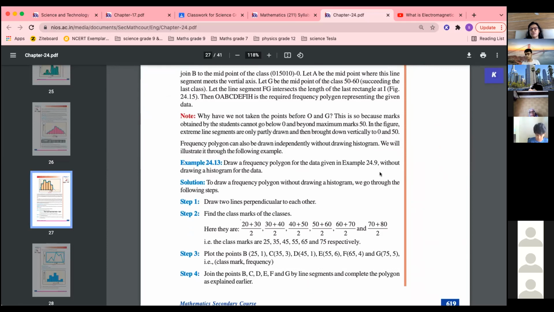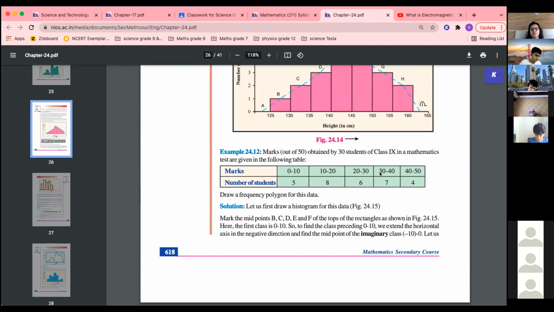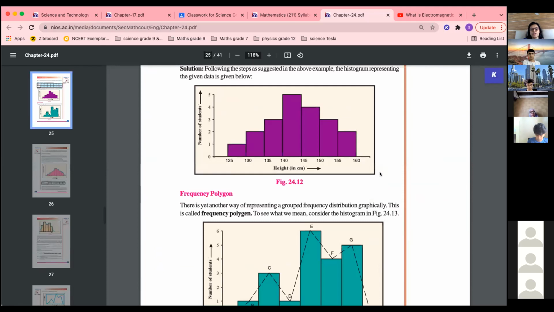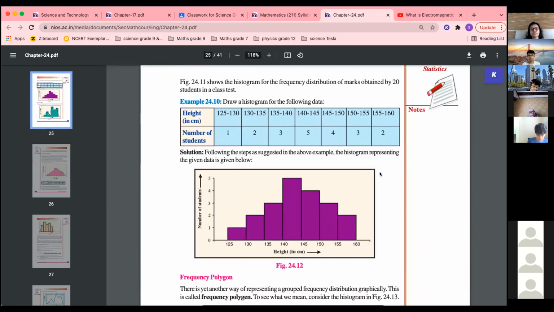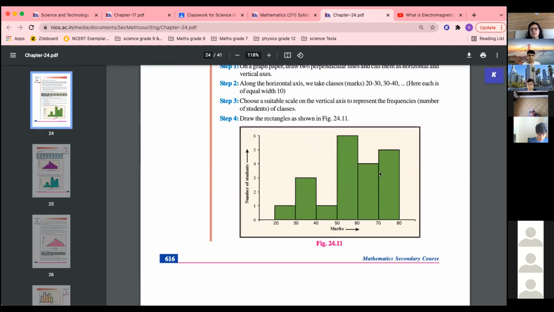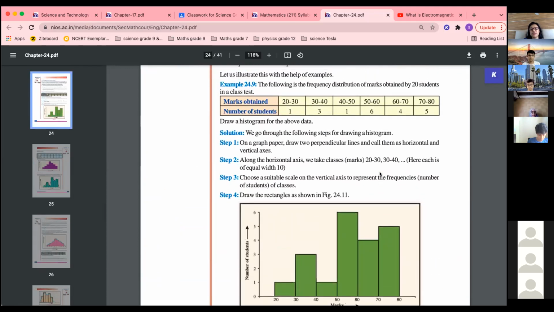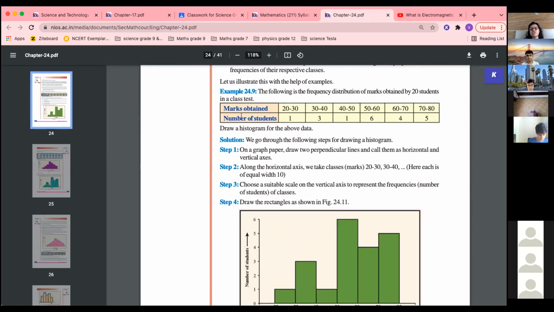Frequency polygon for 24.9 example. Okay, let us come to this example once again. So this first example which we did, suppose this is given to you, and without drawing the histogram, we have to draw the frequency polygon.